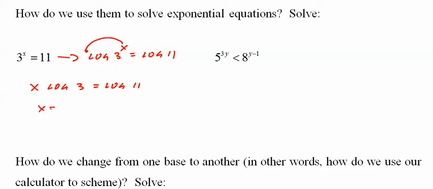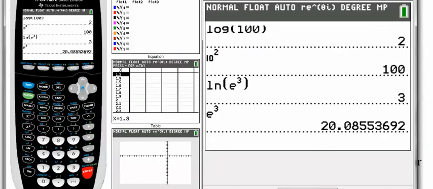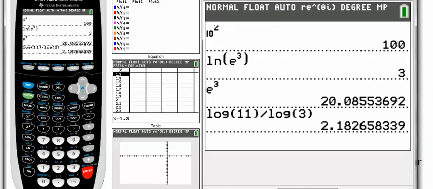So x equals log 11 over log 3. What do we get? Log 11, close parentheses, divided by log 3, 2.1827.